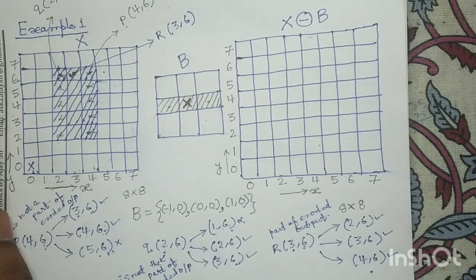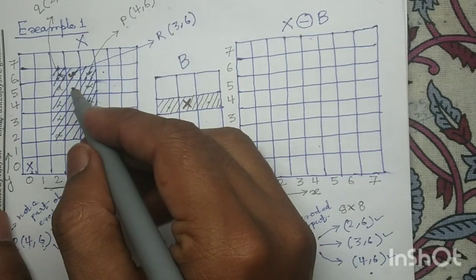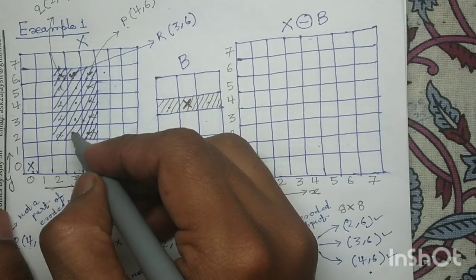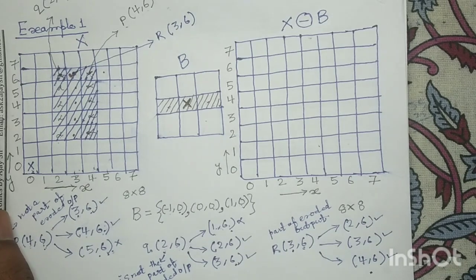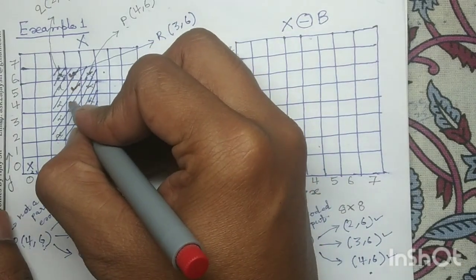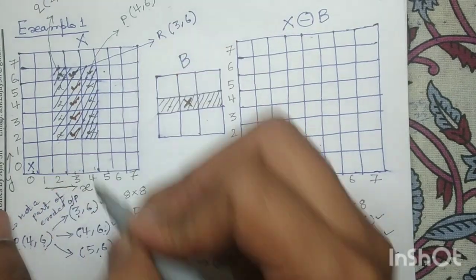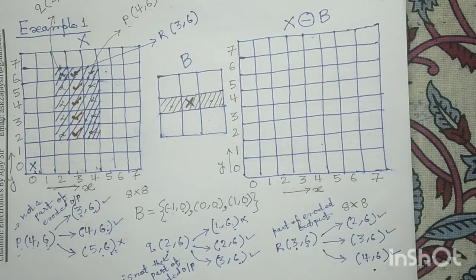In the similar way, if you do the calculation for this pixel, this pixel, this pixel and this pixel, you will get the conclusion that this and this will be part of the eroded output.